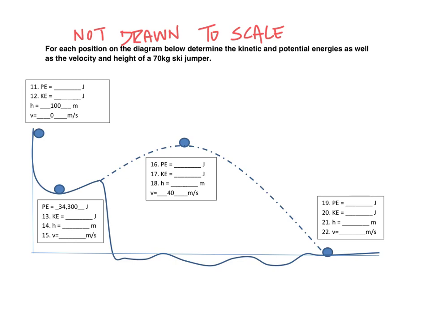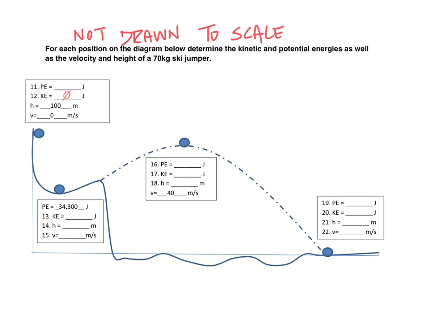So that is something that we can fill in right off the bat. If your velocity is 0, and I plug this into my kinetic energy equation, then my kinetic energy will also become 0. So I've got 0 joules for kinetic energy, which means all of my energy has to be potential energy.